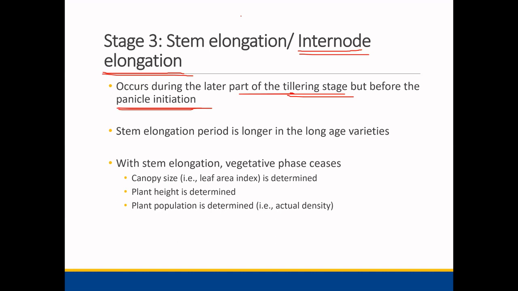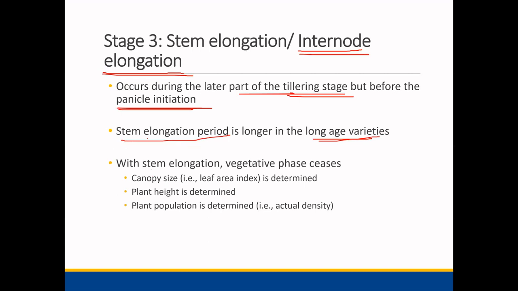So this is the one that occurs for a long time, especially in long duration varieties. When the duration is long, the stem elongation happens for a long time, and then they will grow taller, mostly because of this elongation. When you compare with a short duration variety, you can think about it: this stem elongation period is longer in the long duration varieties.